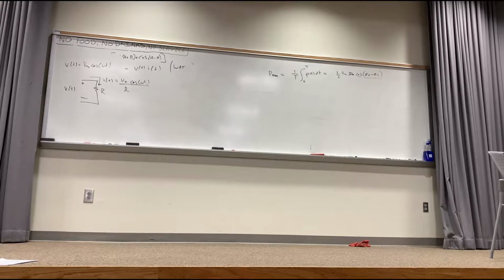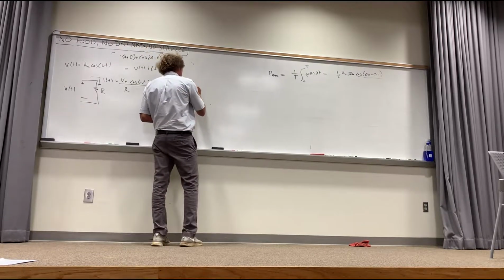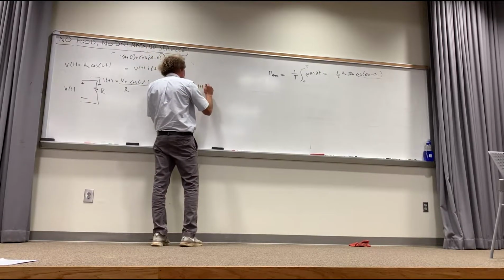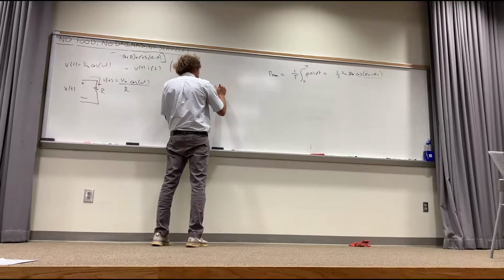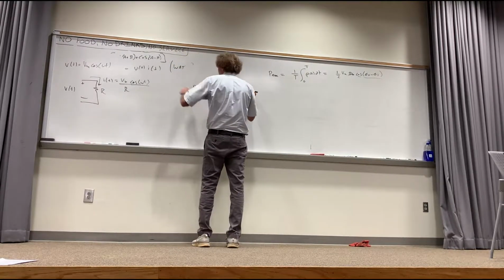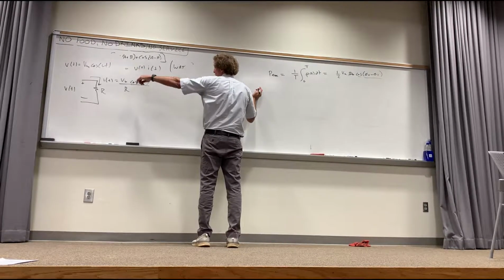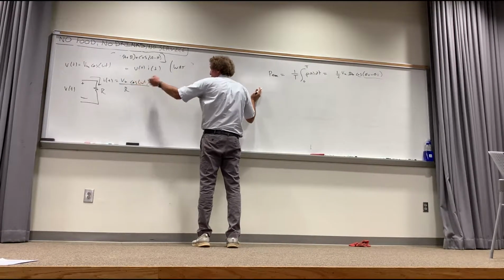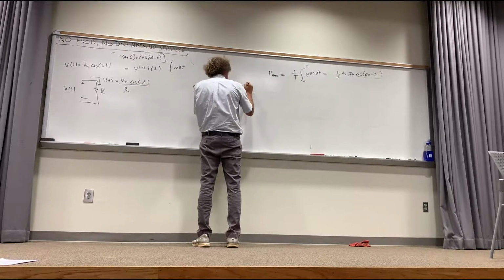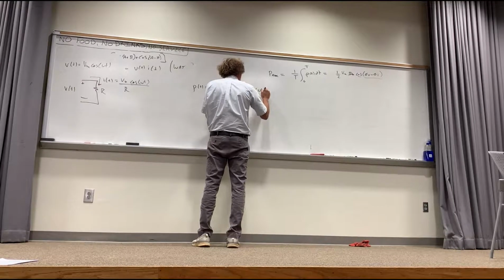Now, the instantaneous power would be V of t times i of t. That would be equal to just Vm times cosine omega t times Vm over R cosine omega t, or Vm squared over R cosine of omega t squared.